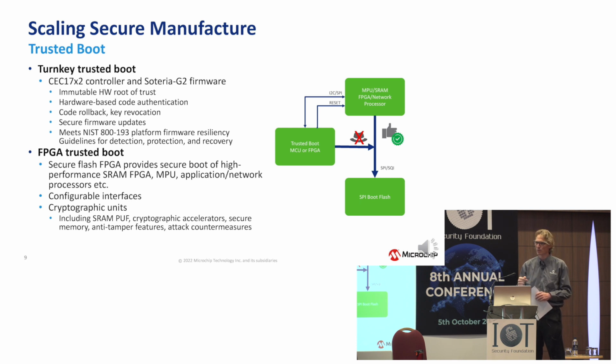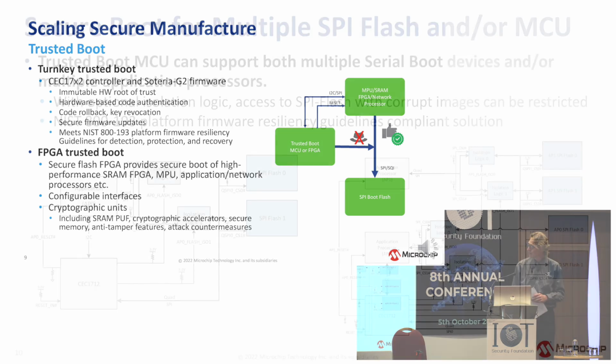So it dictates whether the part can start after it's loaded. So it's going to do that decision-making process and all of the controls to determine whether what's in that boot memory is valid. Okay? And that can be performed in many cases on MPUs, network processors, all these very high-level systems, including FPGAs.